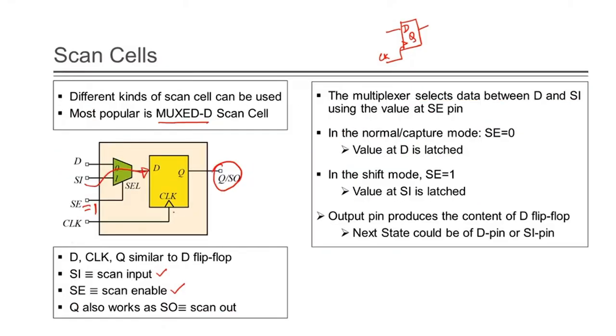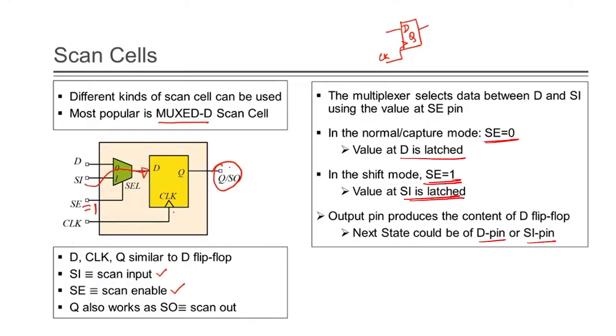The output pin produces the content of the D flip flop. The next state could be the D pin or the SI pin. When SE equal to 0, D is latched. When SE equal to 1, which one is latched? SI is latched.